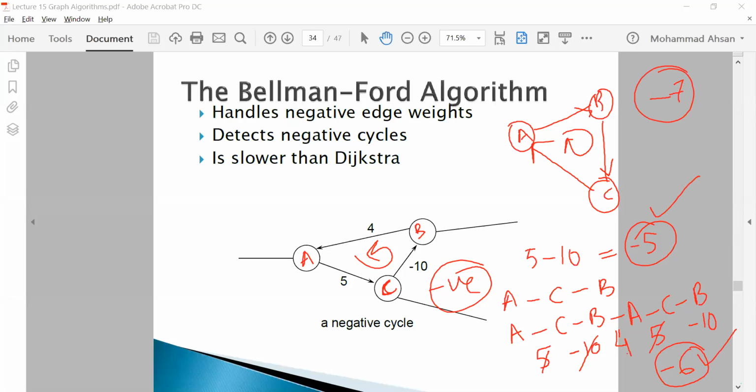So we will keep on updating our shortest path, and the algo will not terminate, or even if it terminates, you'll always find a lower value for the shortest path. So if there is a negative weight cycle, the Bellman-Ford algo will tell you that there is one, which would mean that if you go around the loop as many times as you want, you will keep finding a shorter path.